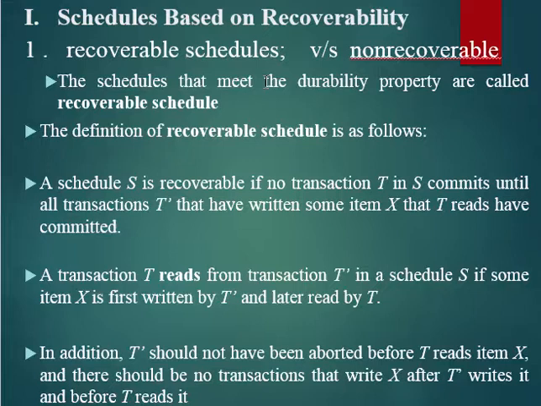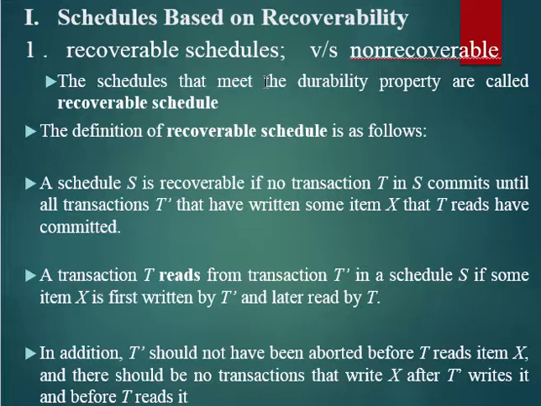You can go and check what makes a dirty update. If a particular transaction reads some value which is written by another transaction, then that transaction can commit only after the transaction that updated that element has committed.